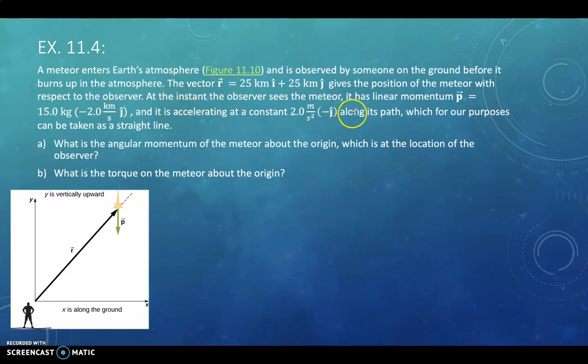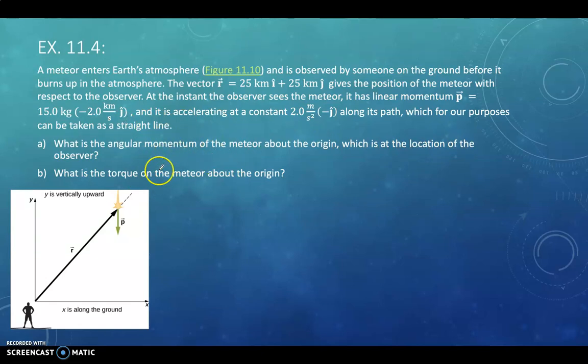At the instant the observer sees the meteor, it has a linear momentum p equal to 15 kilograms times negative 2.0 kilometers per second j hat, and is accelerating at a constant 2.0 meters per second squared in the negative j hat direction along its path, which for our purposes can be taken as a straight line. What is the angular momentum of the meteor about the origin, which is at the location of the observer?